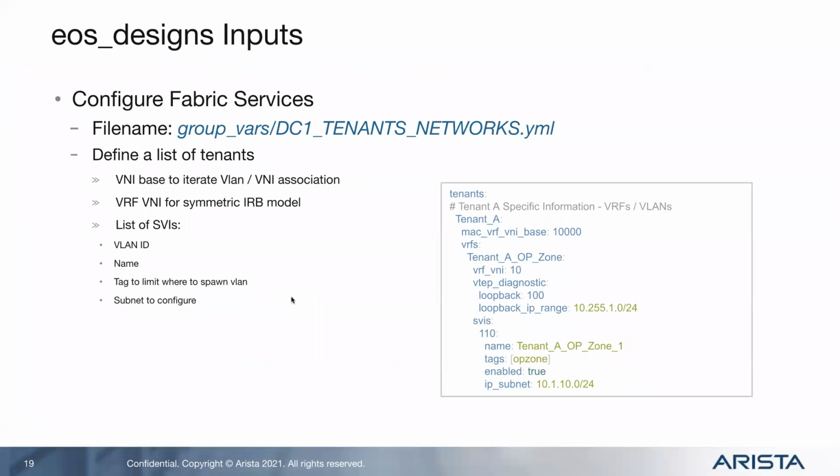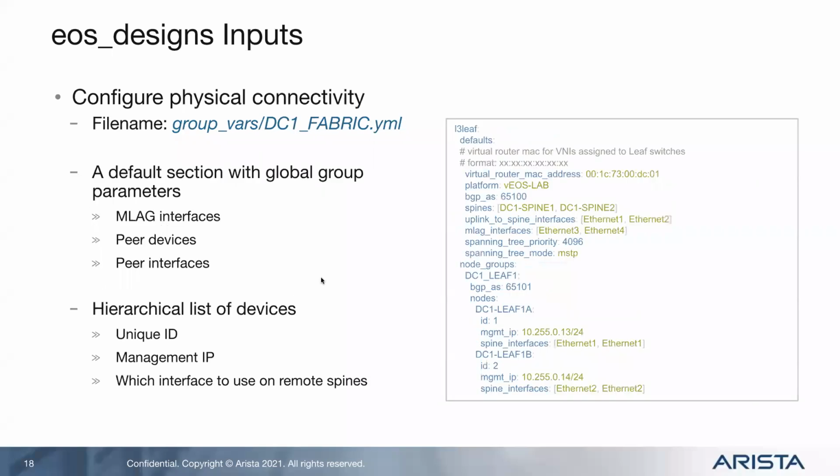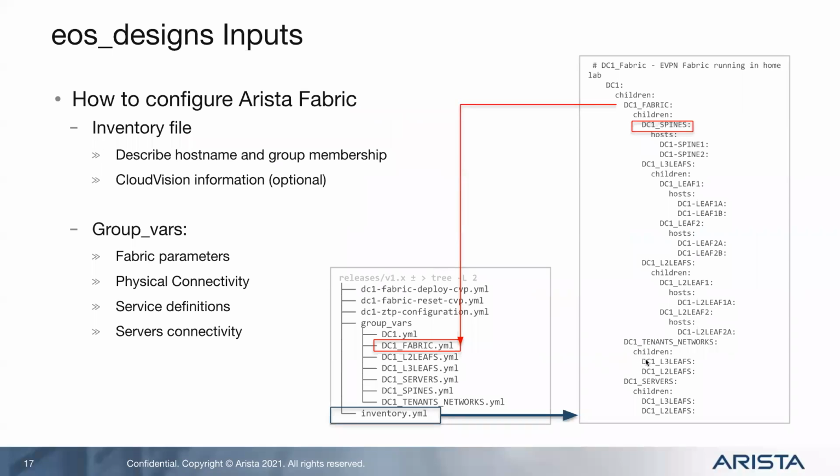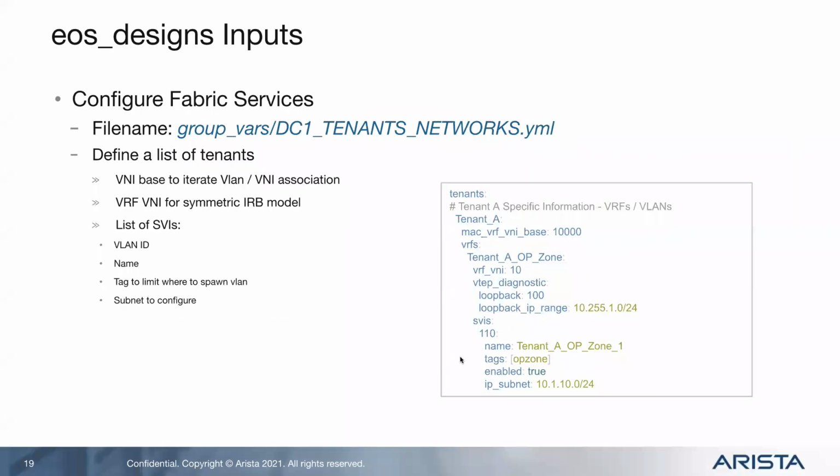So another set of inputs we can feed to EOS designs is our tenant networks file here, because we specified that back in our inventory. What this gets used for is our VXLAN and EVPN mappings.